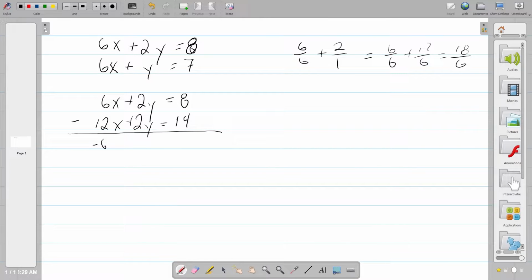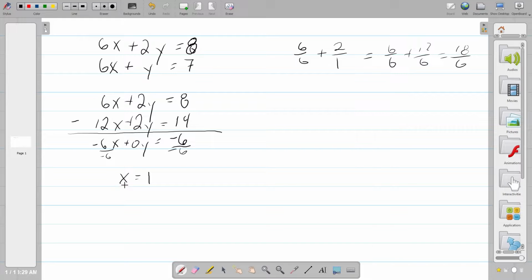That becomes negative 6x. 2 minus 2 is 0y. 8 minus 14 is negative 6. So then we can divide our negative 6 out, and we have x equals 1.